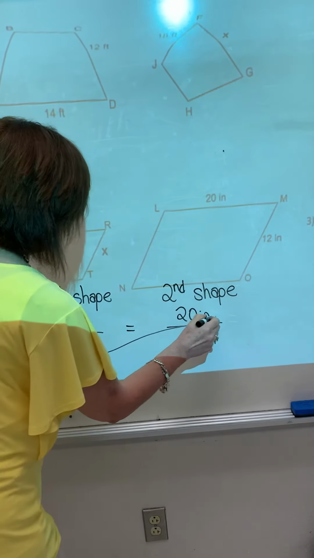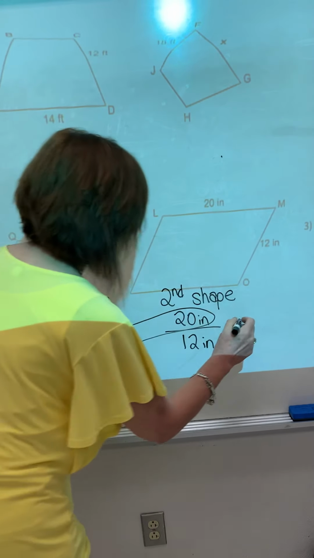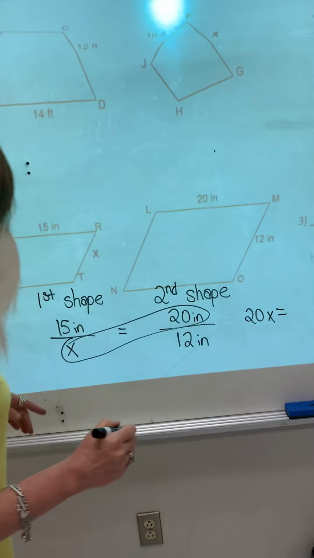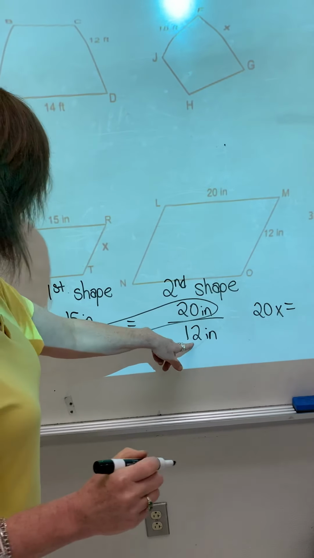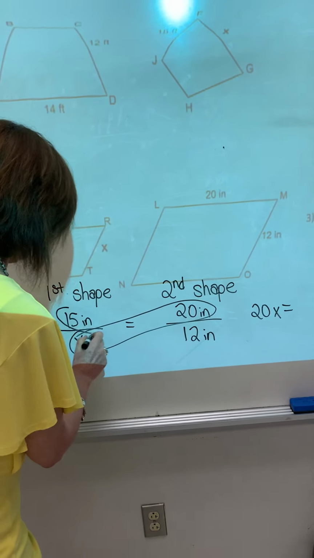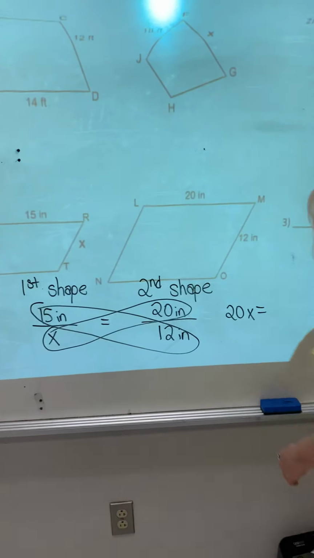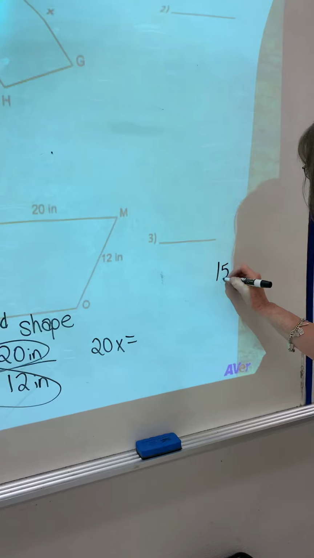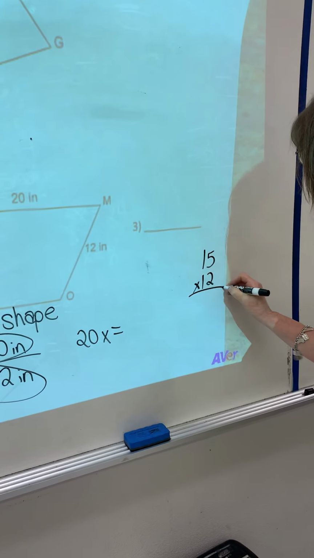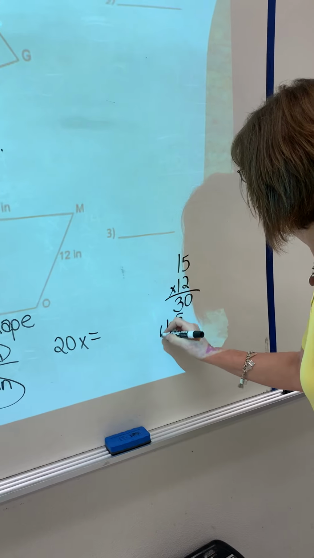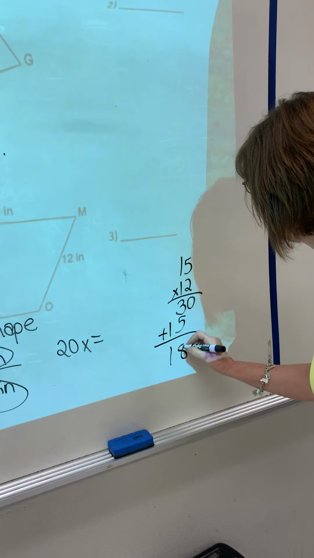So now I'm going to do the same thing, cross multiply. I'm going to be multiplying 20 times X, and I'm going to write that as 20X. Then I'm going to have 15 times 12. So I'm going to go ahead and multiply that over here. I get 180.